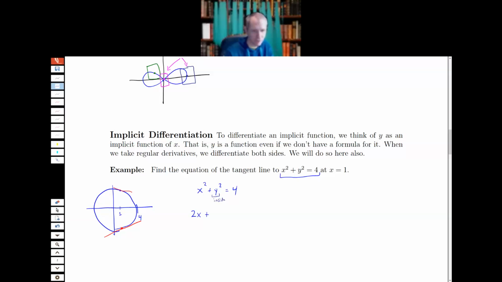My outside function is stuff squared, so the derivative of stuff squared is 2 times inside stuff to the power of 1. My inside function is y, and then the chain rule says multiply by the derivative of the inside function. Well, if my inside function is y, the derivative is the derivative of y, dy dx. And then I also differentiate the right-hand side of the equation, right? And the derivative of 4, right, that's constant on its own, is 0. Okay. So now I'm done differentiating, but I don't really have like a formula for my derivative. Now I have to solve for dy dx.